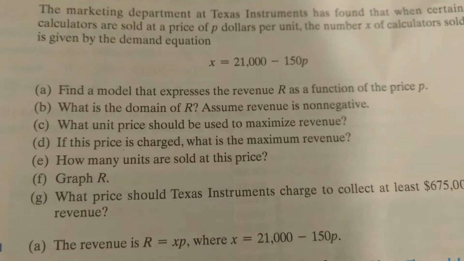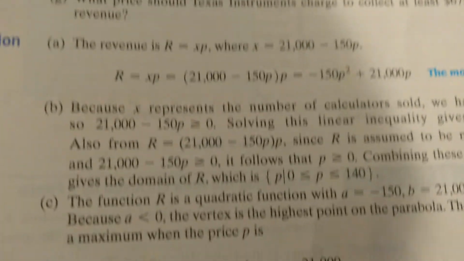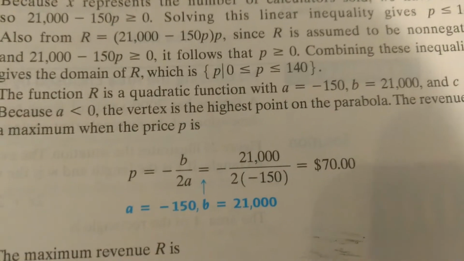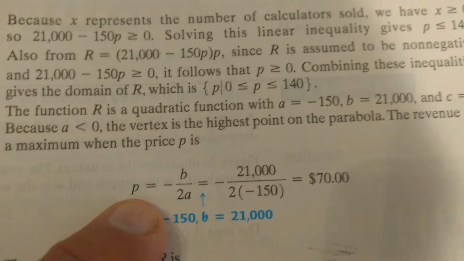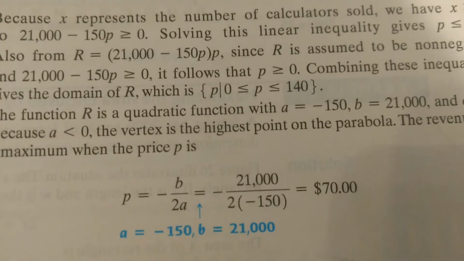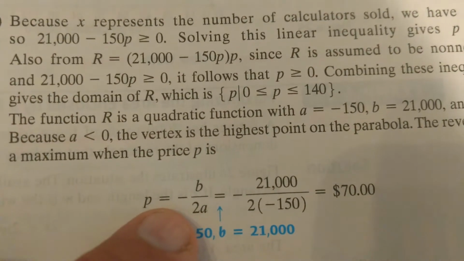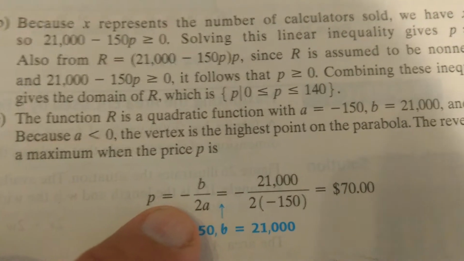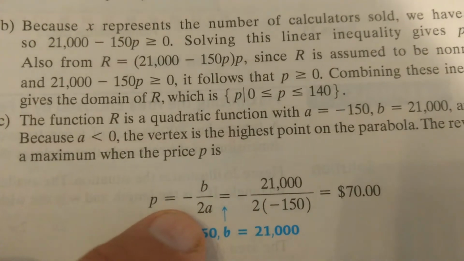If we go to letter C, it says what unit price should be used to maximize revenue? Well, basically what we're going to do is use, P is our X in this problem. See, we learned from the previous chapter that we can do negative B over 2A. All right?